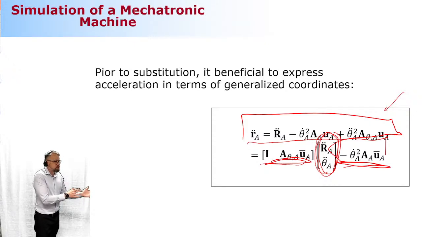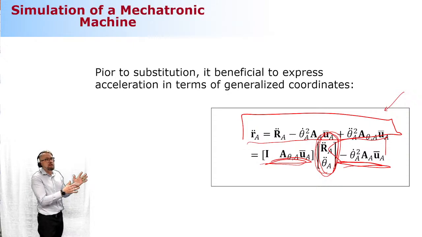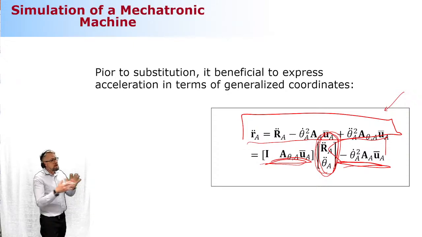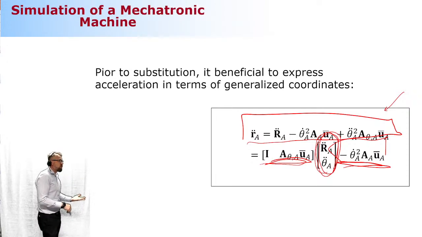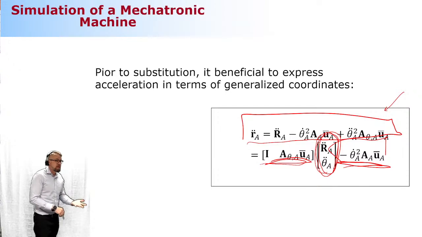One that is linearly related to acceleration, which is going to give me a mass matrix, and something quadratically related to velocities, which is going to give me a quadratic velocity vector. So it's going to give me two components instead of one. But that's because of the way I'm expressing my kinematics. Everything is a consequence of the way I selected my kinematics in the very beginning.